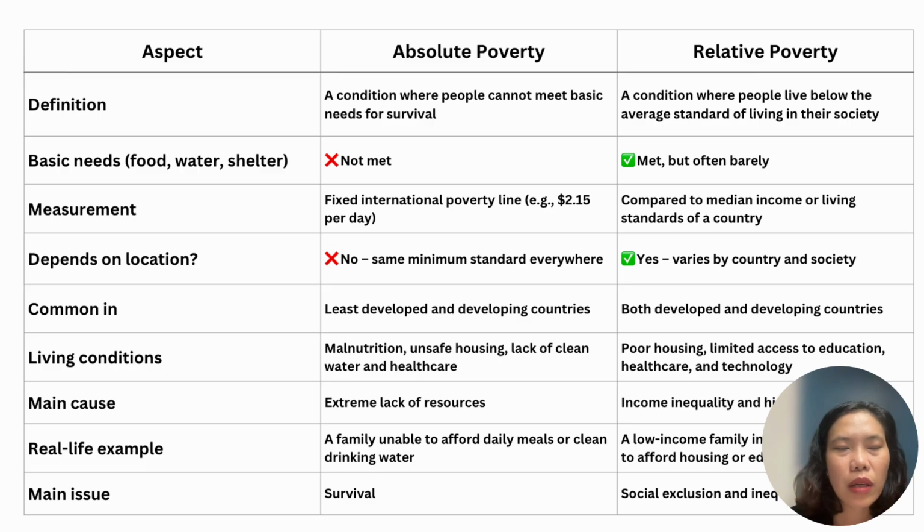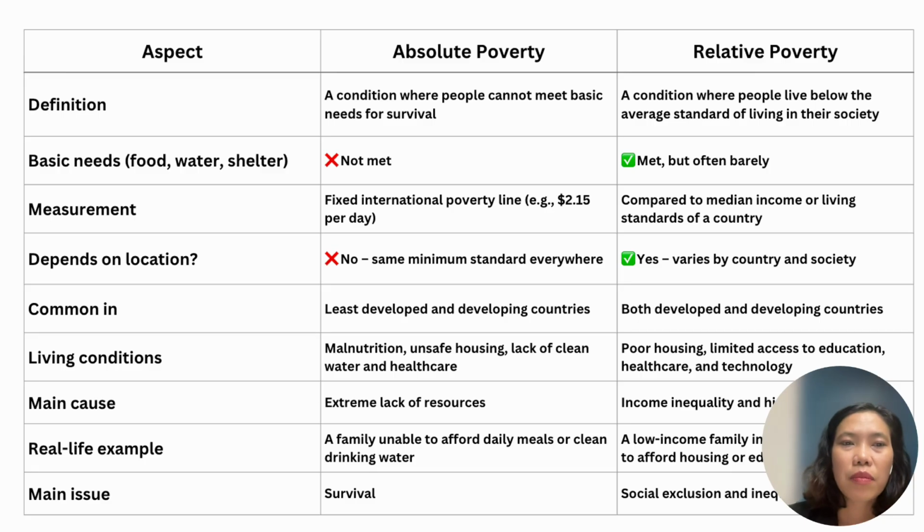When it comes to definition, of course, absolute poverty is a condition where people cannot meet the basic needs, while relative poverty is a condition where people live below the average standard of living in the society.